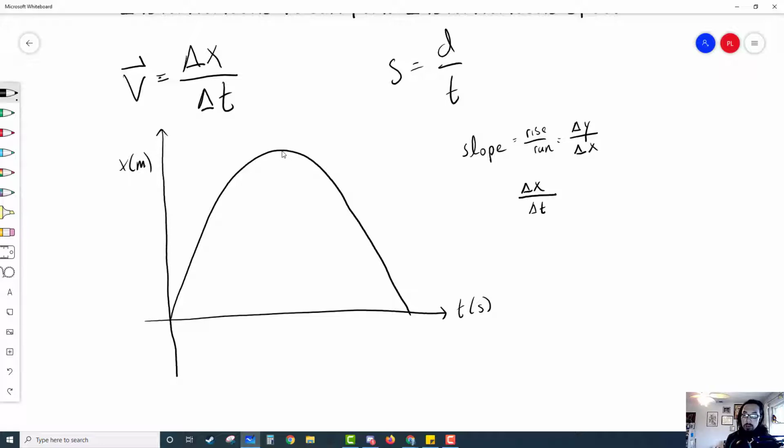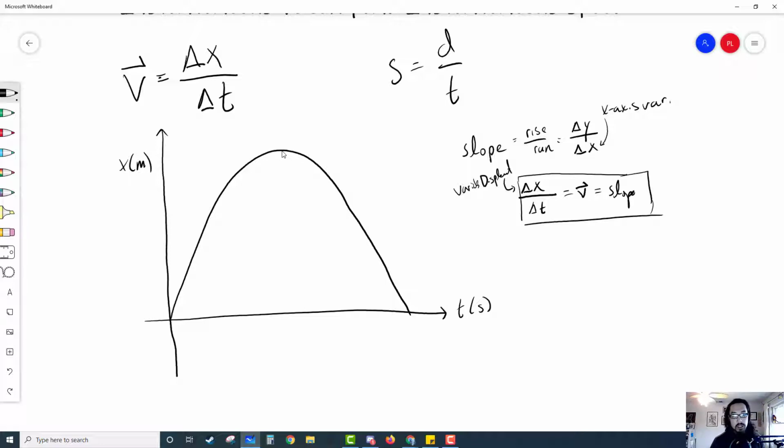Now you might be thinking, whoa, delta x is also in this equation, but remember this x is the x-axis variable, it is not position. This right here is displacement, and this is the variable itself. We know that delta x over delta t is equal to velocity. So we can safely say that the slope for a position versus time graph gives us velocity.